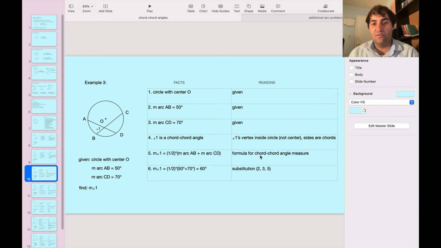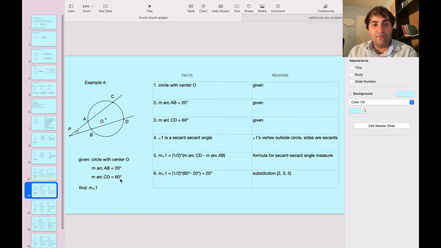So we can use the formula for the chord-chord angle measure. So the measure of angle 1 is equal to 1/2 times the sum of the measure of arc AB and the measure of arc CD. And then we can just plug in these values, right? 50 plus 70 is 120. So 1/2 times 120 degrees is 60 degrees.